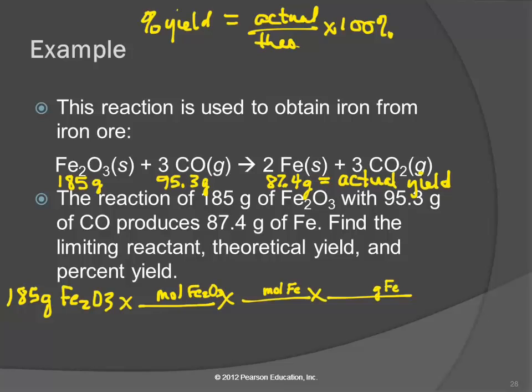Previous term comes down. This is moles of Fe, and this is moles of Fe2O3. And this over here will be grams of Fe2O3. Does this get a little tedious? Yes, it does.